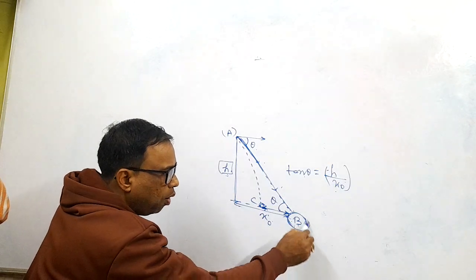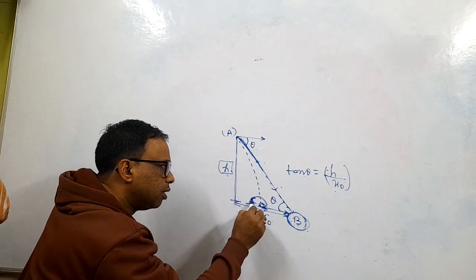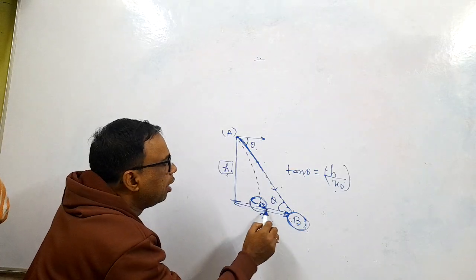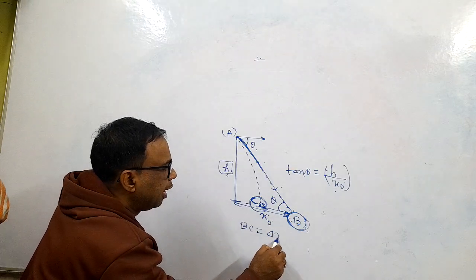This is the aiming point and this is the landing point. We call this gap BC as del x.